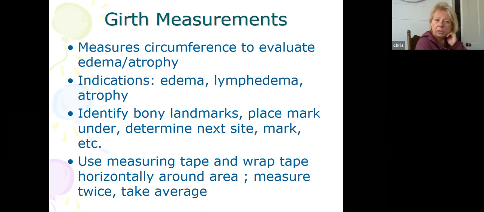So measure the circumference to evaluate for edema and atrophy. Indications would be for edema, for lymphedema, for atrophy. You're going to identify that bony landmark. So is it a malleoli or is it a patella, tibial tuberosity, whatever it is. You can determine the next site, you're going to mark it, and you're going to go up.